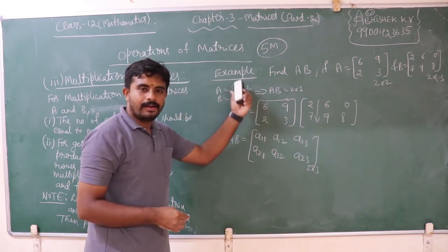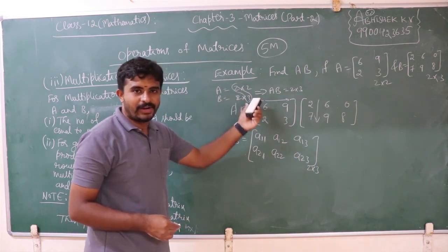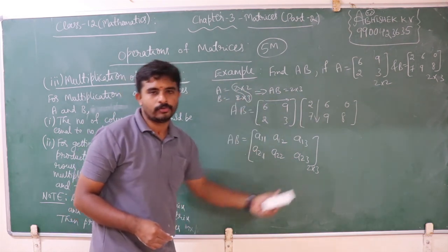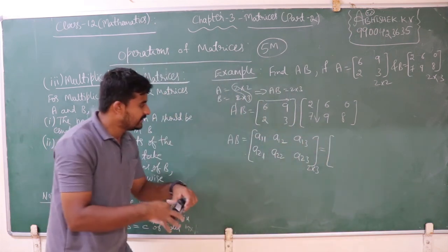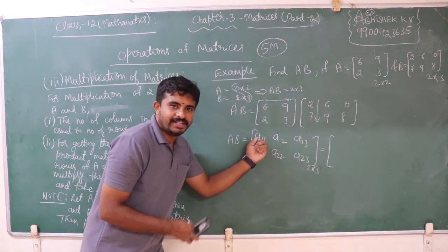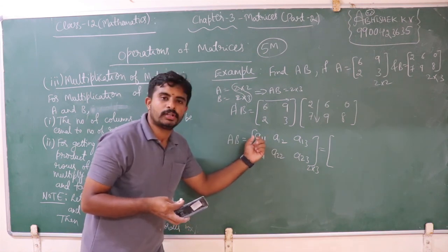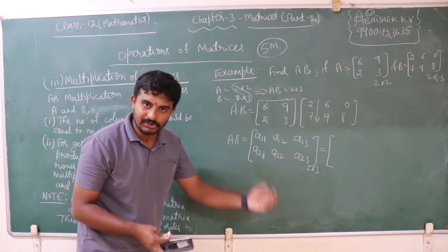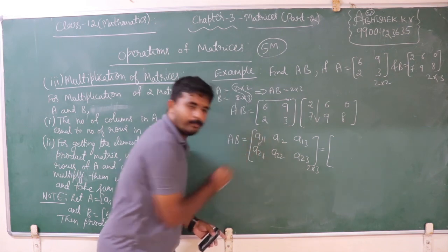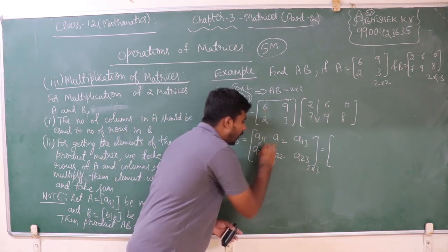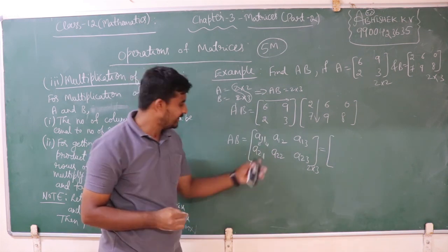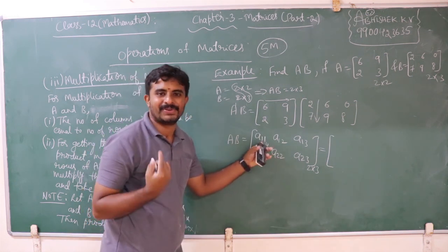The final multiplication of AB, the final matrix should be of order 2 by 3. This can be obtained by taking, see, to find the A11 element, that is first row, first column element, we should take row of matrix A, column of matrix B. See, this is the beauty.